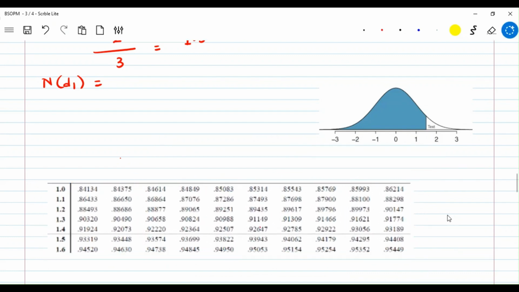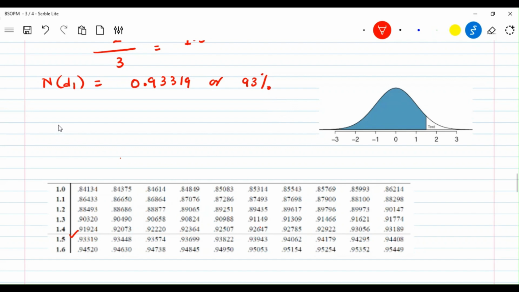Okay, so our D1 was 1.5, and if you look at 1.5 for 0, you are going to get this value here. So this is the value in which we are interested. This means this is the probability 0.93319, or for simplicity, I can call this 93%, right? And this is what I have mentioned here in terms of the bell-shaped curve diagram as well.